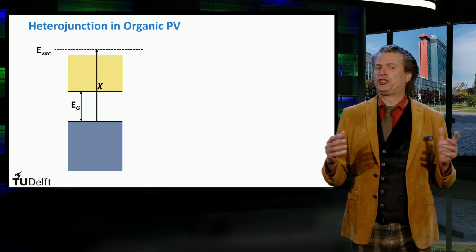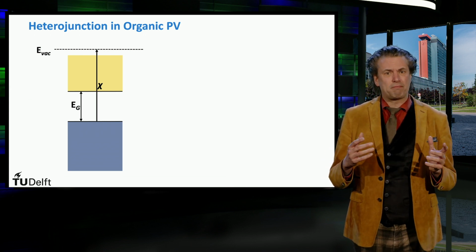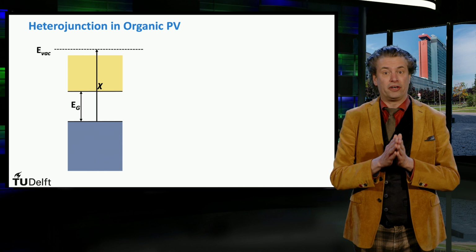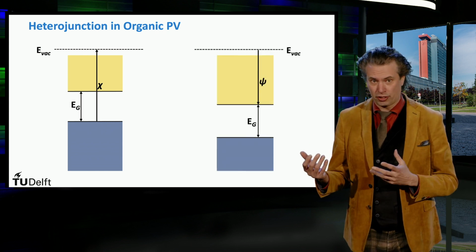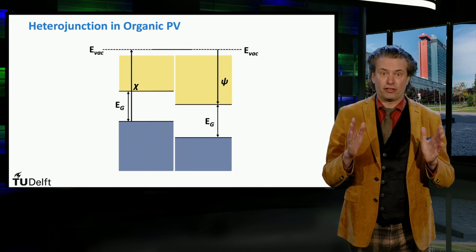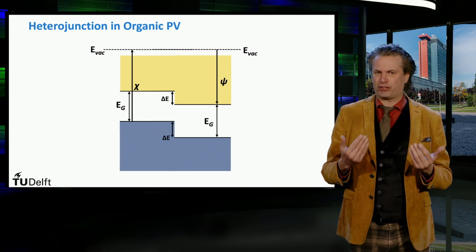Using the concept we just discussed in the previous video, we can theorize that by bringing together an electron donor and an electron acceptor, the interface formed will resemble that of a heterojunction.